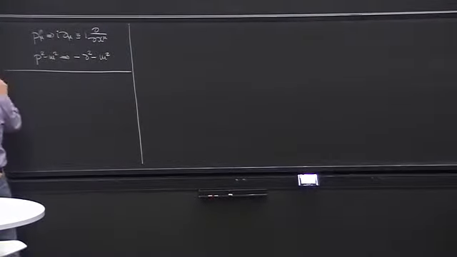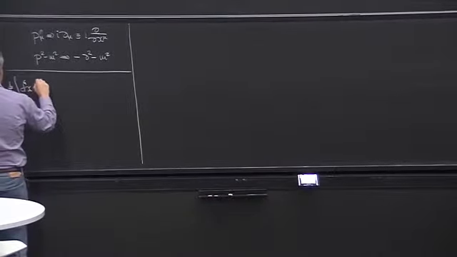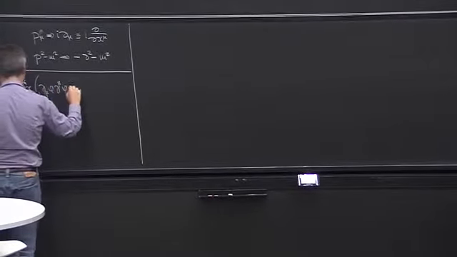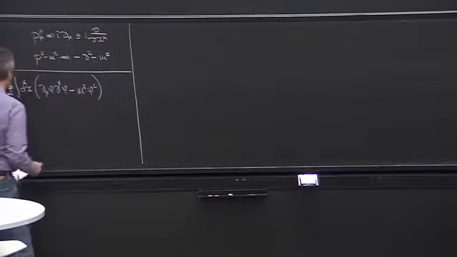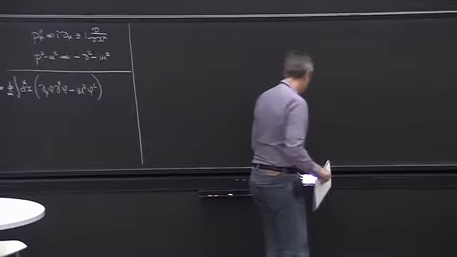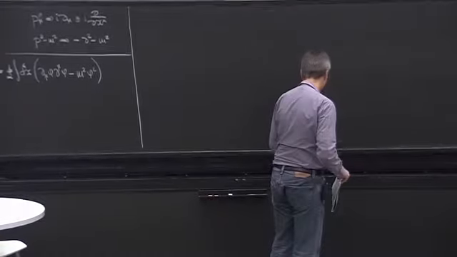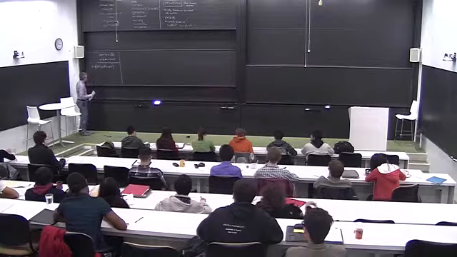One can see that if you start with the action of this form, then the Klein-Gordon equation arises from the condition that the variation of this action vanishes.